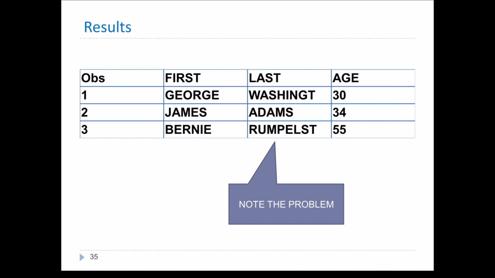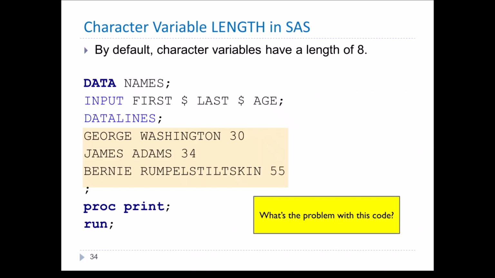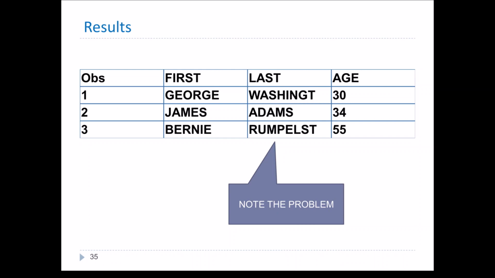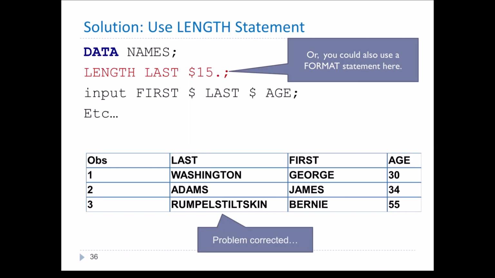If you ran this, both Washington in this case and Rumpelstiltskin are truncated to 8 characters. So again, look at that. See how Washington, Rumpelstiltskin. We can correct that. One way is to put a length statement in our data set before the input statement. So if we say length last $15, that says allow 15 characters for the last variable.